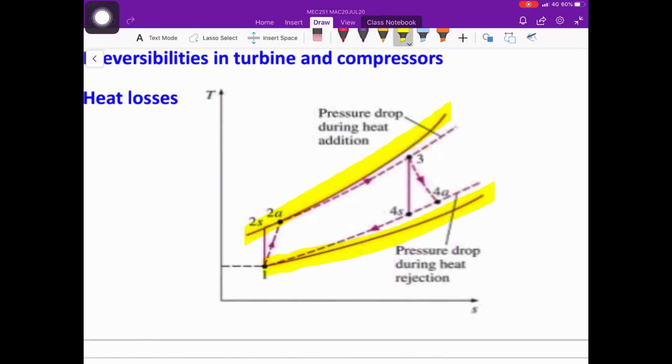Therefore, instead of having constant pressure heat addition and heat rejection, the pressure at the inlet of these processes will be higher than the pressure at the end of these processes. And as mentioned before, the entropy at the outlet of the compressor and the turbine will be larger than the inlet entropy.